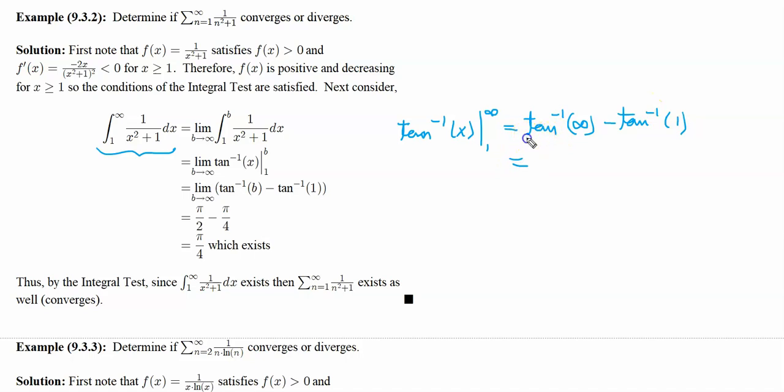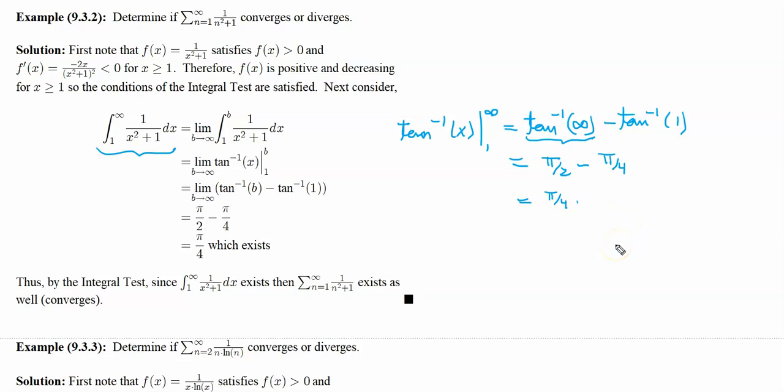Now, as long as you understand that this really means the limit as b goes to infinity of the arctan of b, you can interpret the arctan of infinity as being pi over 2, and this is pi over 4. And there's a little shortcut you can do, like that.